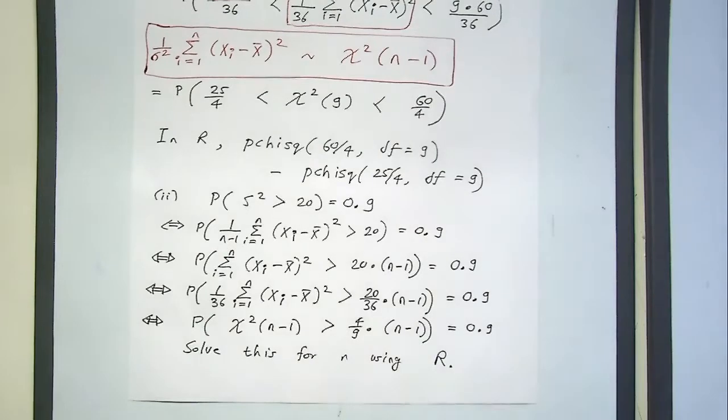You cannot solve it by hand. You have to use a computer program to solve this equation for n. N is the sample size. So it can be done, for example, using R. Alright guys, so that's question 7.